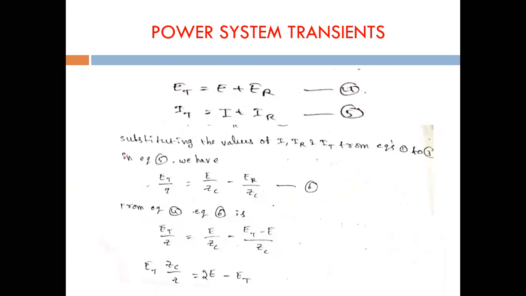The transmitted voltage and currents will be respectively the algebraic sum of the incident and reflected voltages. E means the incident voltage, ER is the reflected voltage, and ET is the refracted voltage.